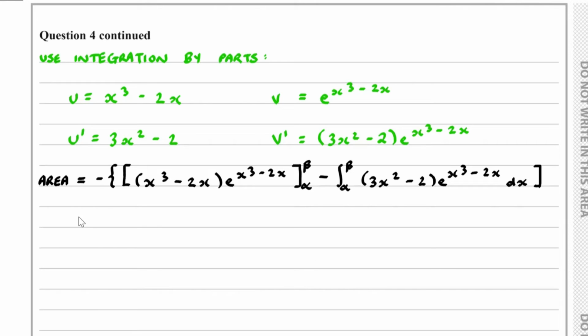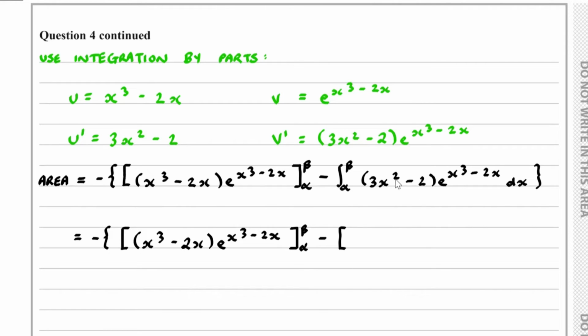So working this out then, we've got the minus, and then here this result stays the same. So we've got x cubed minus 2x e to the x cubed subtract 2x being evaluated between alpha and beta, and then we subtract.